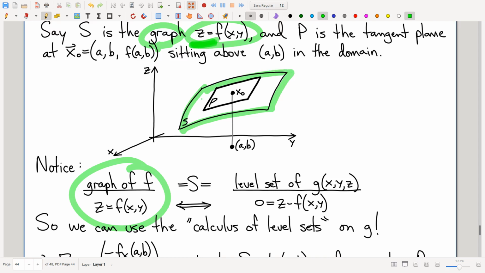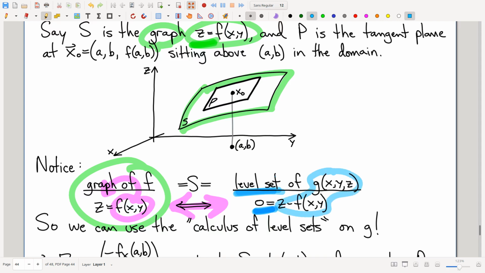Every graph is also a level set. So all you gotta do is take that term and subtract it over to the other side. Hardly anything happens algebraically, but it's perfectly equivalent. Nothing happened. We can now realize this as being a level set of a new function.